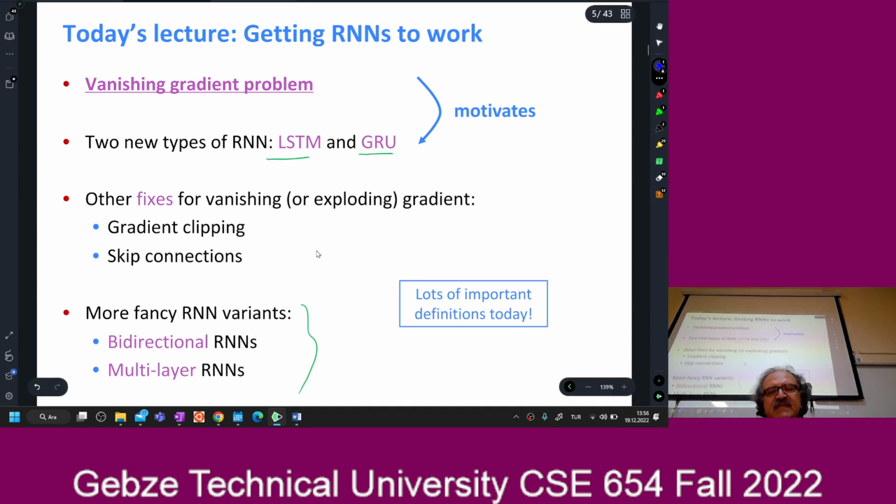Okay? So we said that one of the problems with RNNs is the vanishing gradients. What is the vanishing gradient? If you have a very deep network, between the result of your network and the input there are many layers of neural networks.